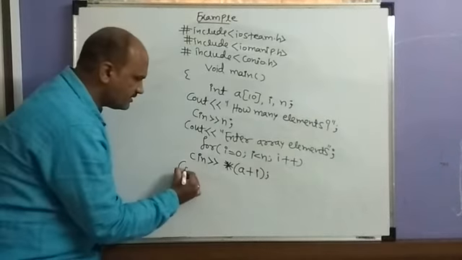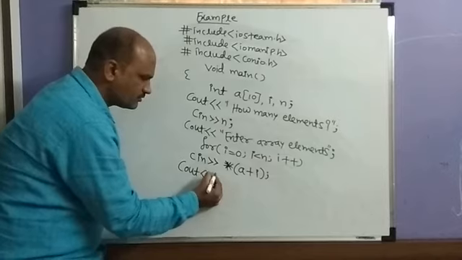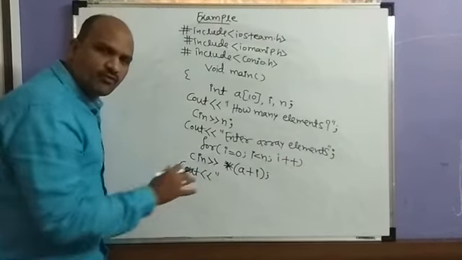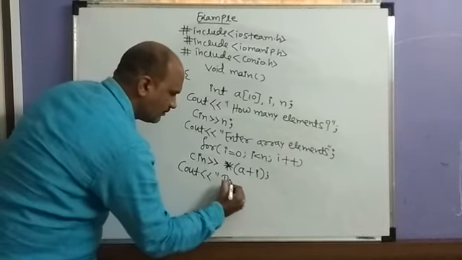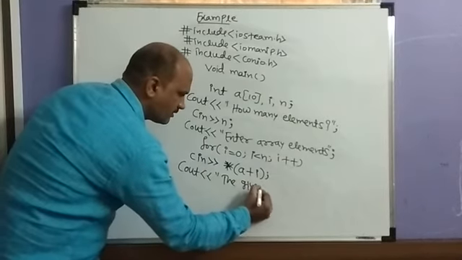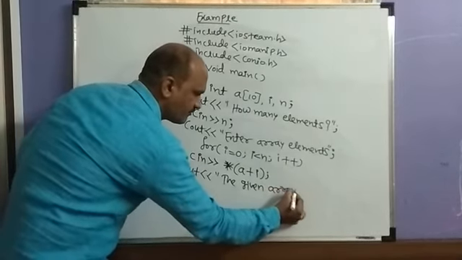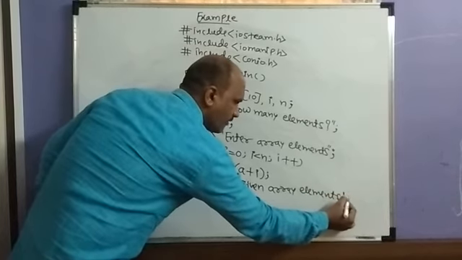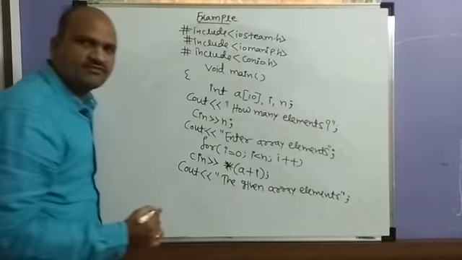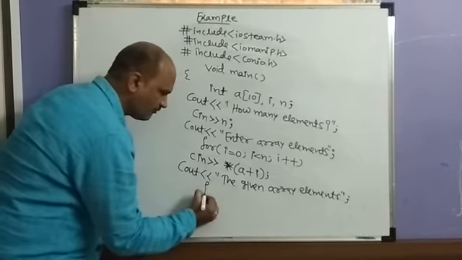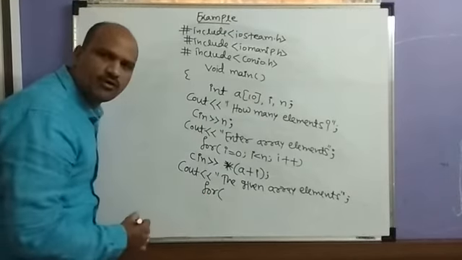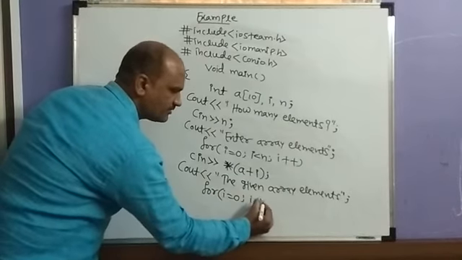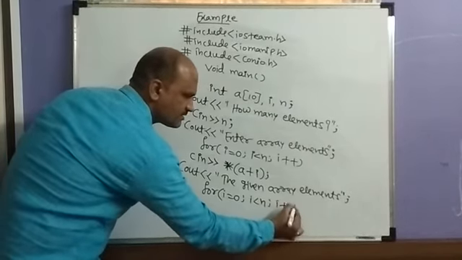Next, again cout. Whatever the given array elements, if you want to display them again, you use the for loop again. Again the same for loop: i equal to 0, i less than n, i plus plus.